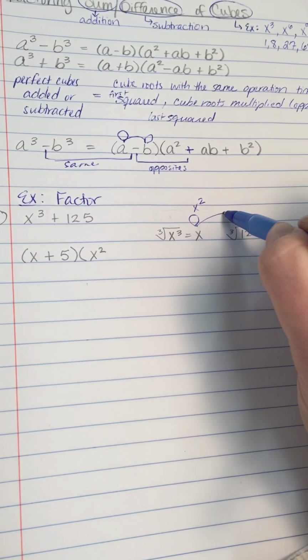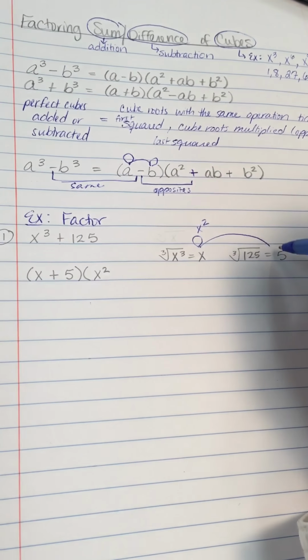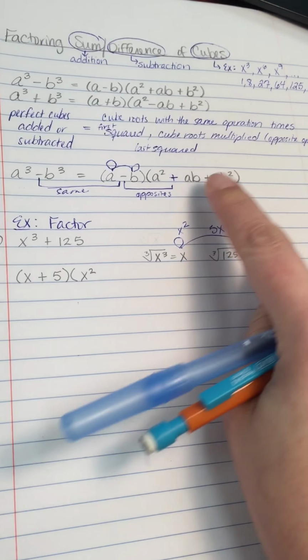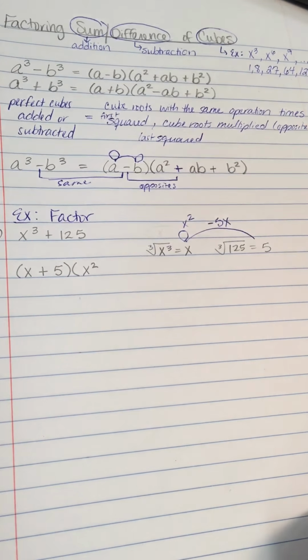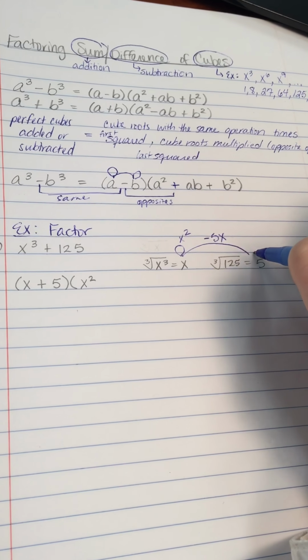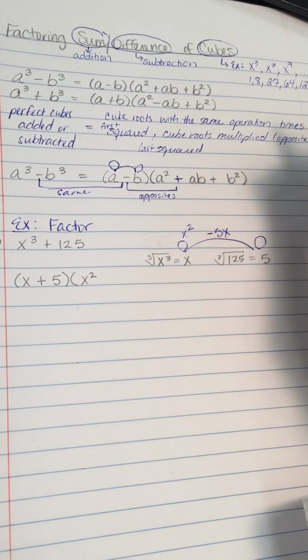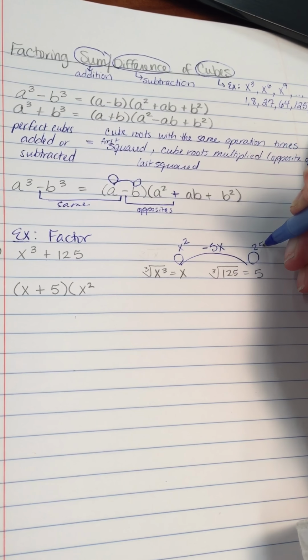Then those times each other is 5x, but it says the opposite operation. So this is plus, so this is going to be minus. And then the last squared, times itself, would be 25.